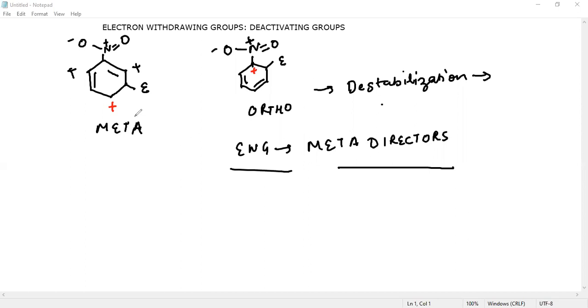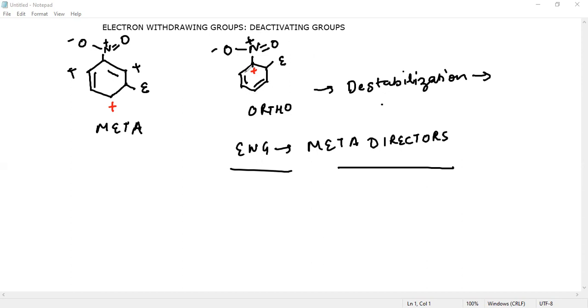Okay, so they will be directed towards the meta position, as this is going to cost less energy as compared to ortho and para positions. So why do we call it deactivating? Because the nitro group is electron withdrawing. It is further deactivating the benzene ring, because it is withdrawing the electron density towards itself, further destabilizing the arenium ion.